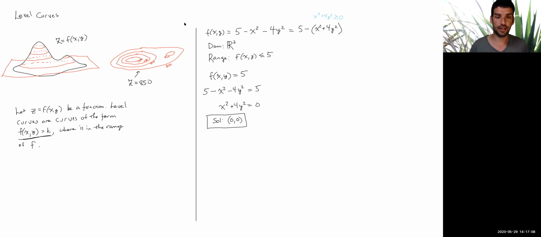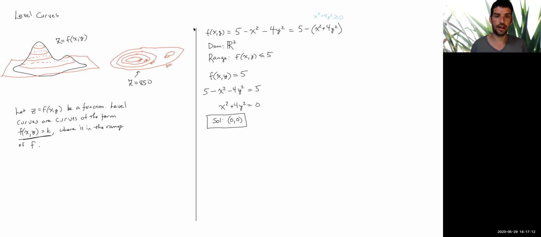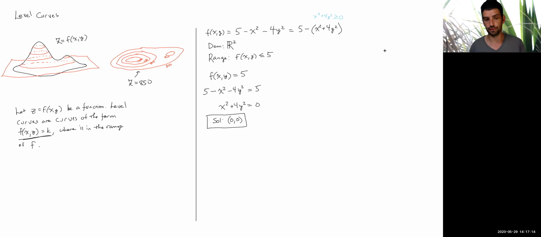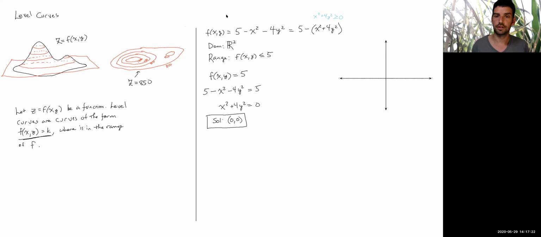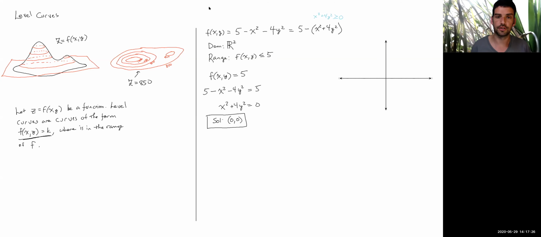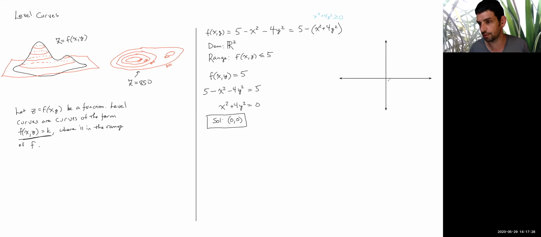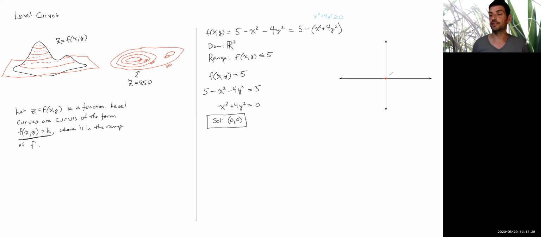So what I'm going to do with that solution, I'm going to make a little graph off to the side for my solutions. And that solution is just this single point, right?